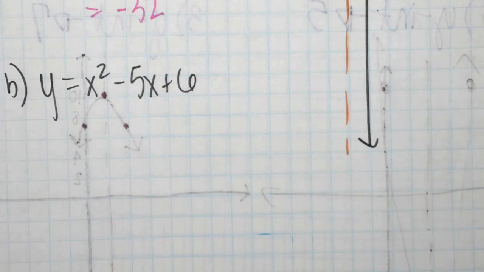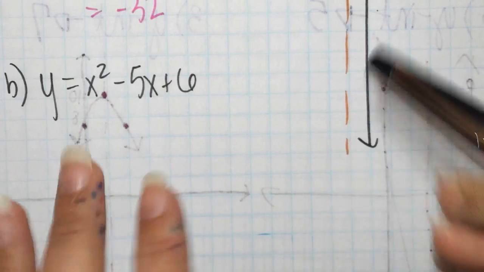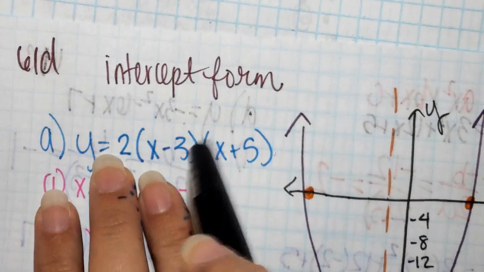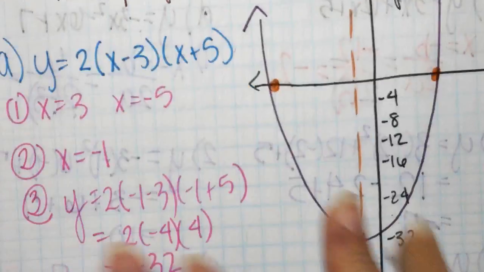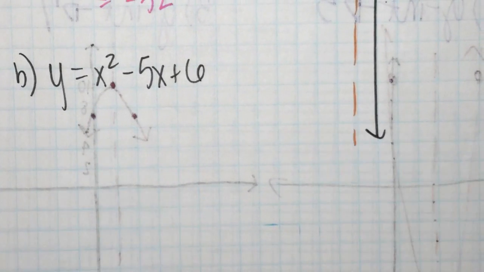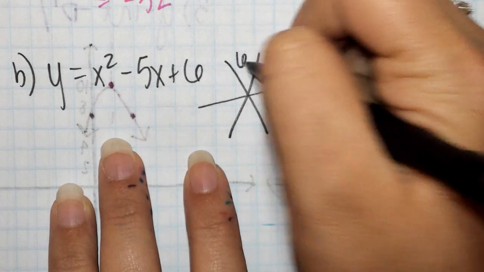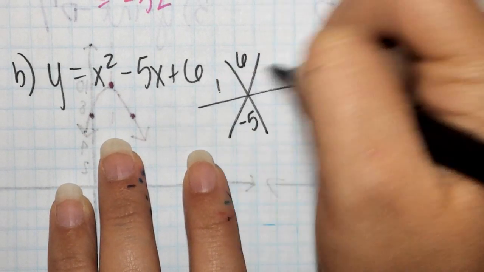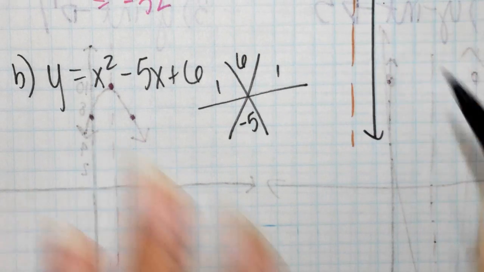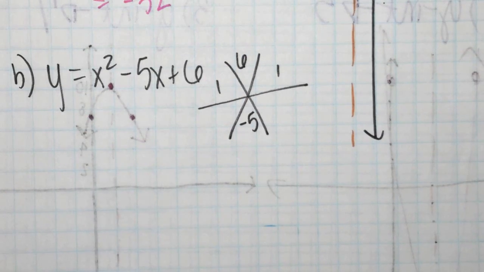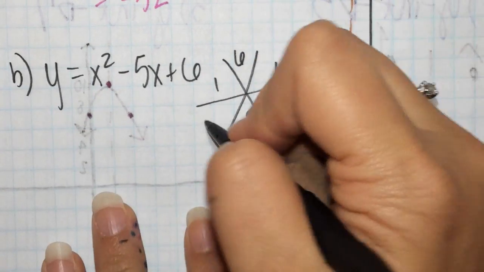We need to convert it to intercept form. So how do we go from standard to this? Factor it. So we need two numbers that multiply to give us 6 and add to give us negative 5. Negative 3 and negative 2.